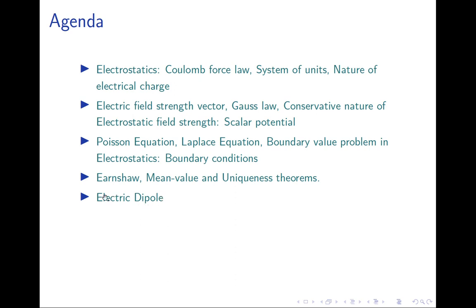It will turn out that a dipole, unlike a point charge, will have a 1 over r squared potential. Remember, a point charge has a 1 over r potential. I will not work out the electric field from the potential. You can take the gradient and you should be able to find the electric field.